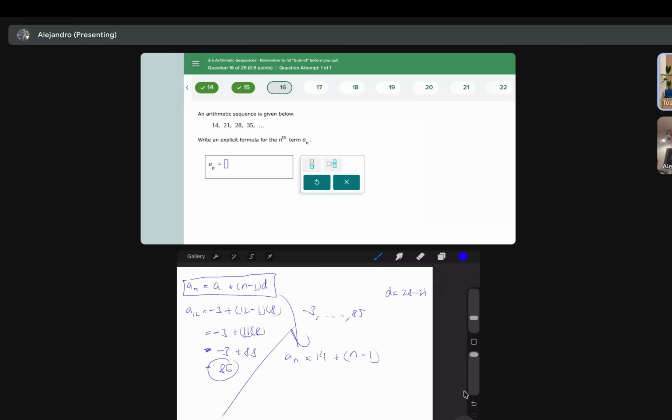You eye the pair that's easiest for you. So therefore it's 7. Make sure you take the latter minus the prior, the ones that are consecutive, next to each other. So 7n minus 7. 7n first, then 14 plus negative 7, or 14 minus 7, is 7. So here it is, A sub n.